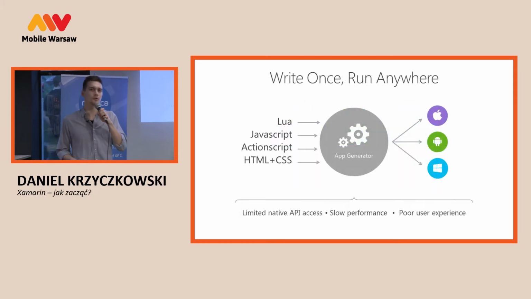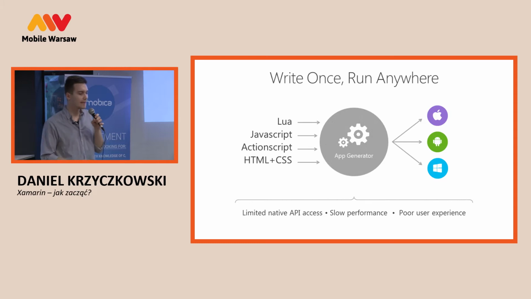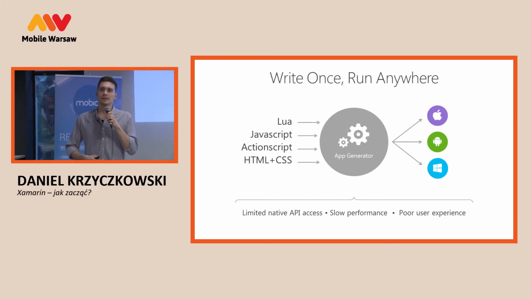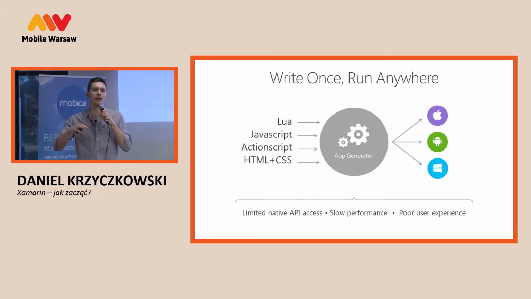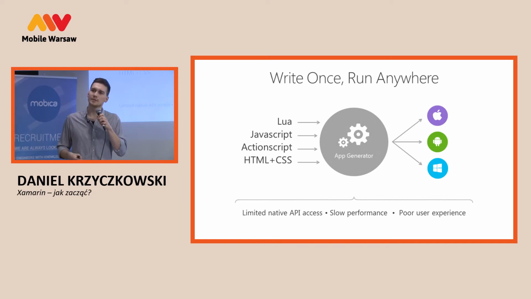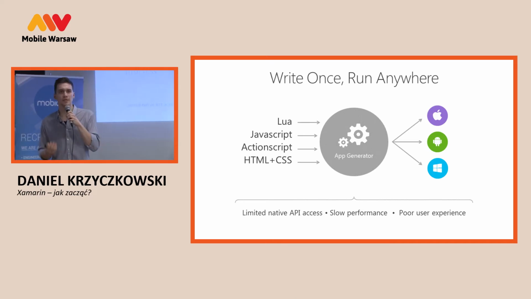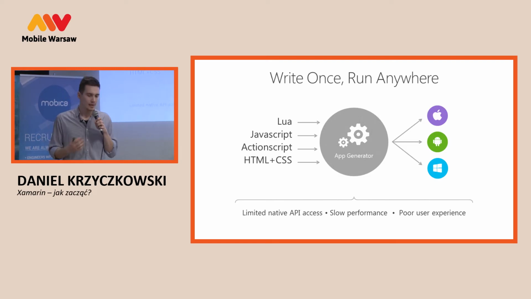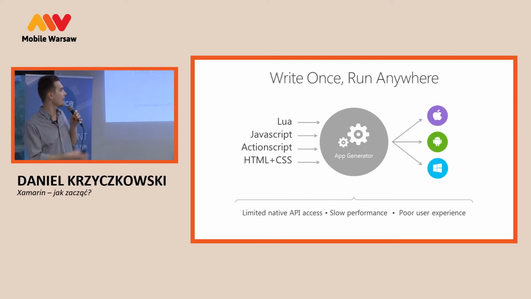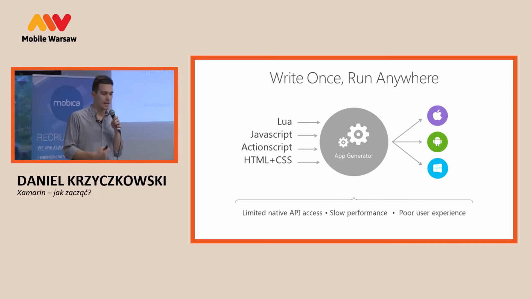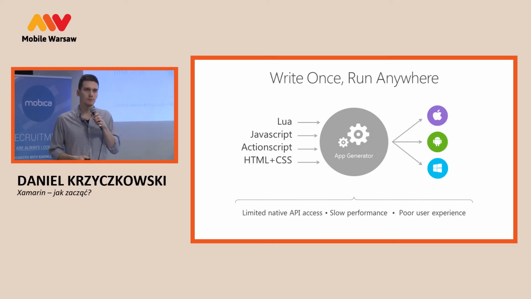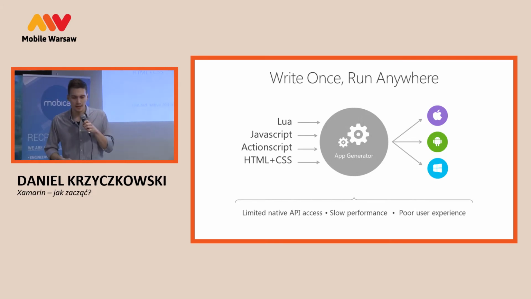The second approach is write once, run everywhere. And this approach is connected with every hybrid approach, for instance, using JavaScript, HTML, CSS. So some hybrid platforms like Apache Cordova or Ionic. So you can also decide to create those mobile applications with this.